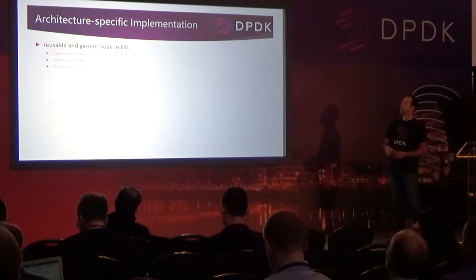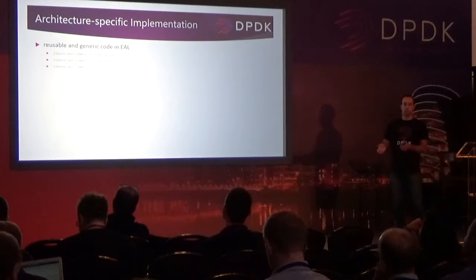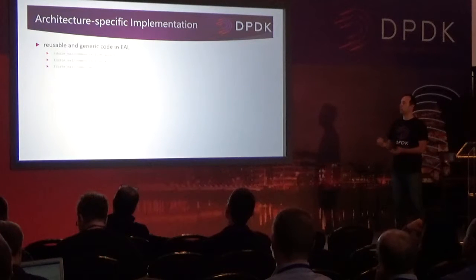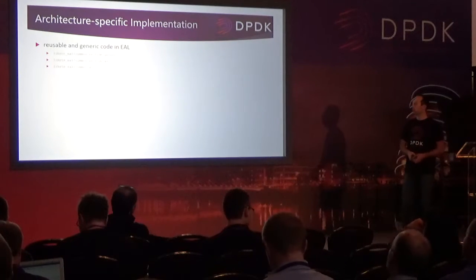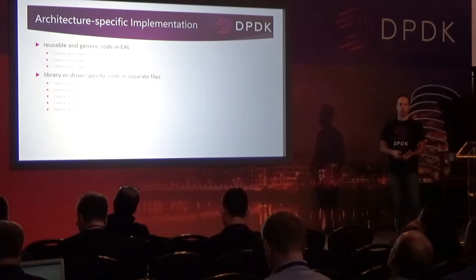There are some per-arch directories, so you can put a file specific to IBM Power, x86 and so on. For some libraries or for some drivers, we can have a specific implementation for some architecture.